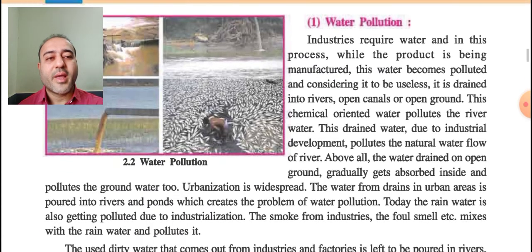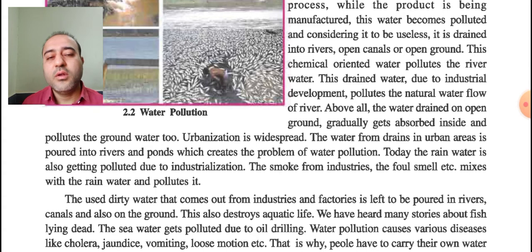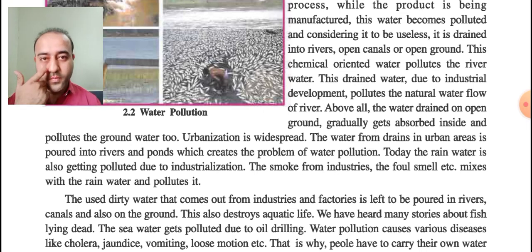Now I would like to discuss one more thing, that we all know that three-fourth of our earth is made up of water, almost 71 to 72%, approximate figures I'm giving to you. And in that also, we know that the fresh water which we consume is very less, right?